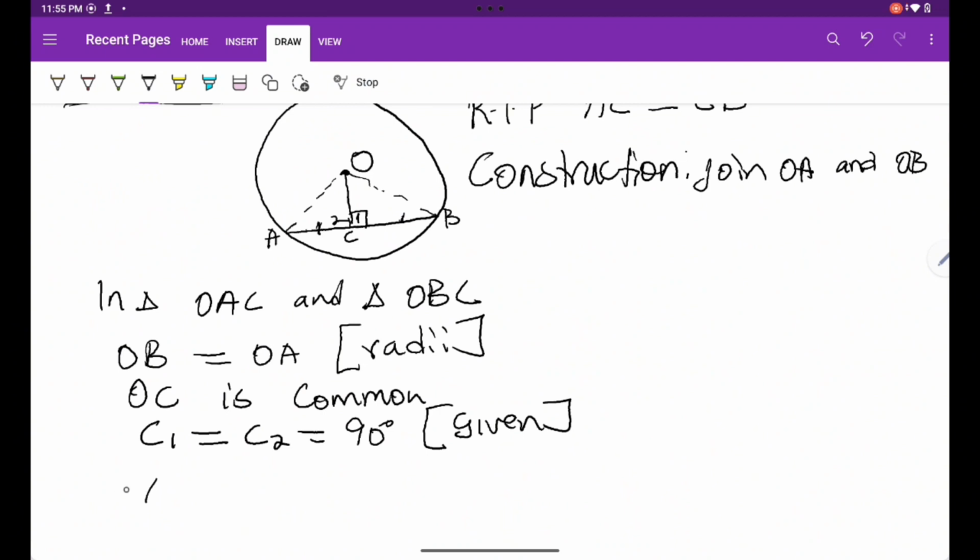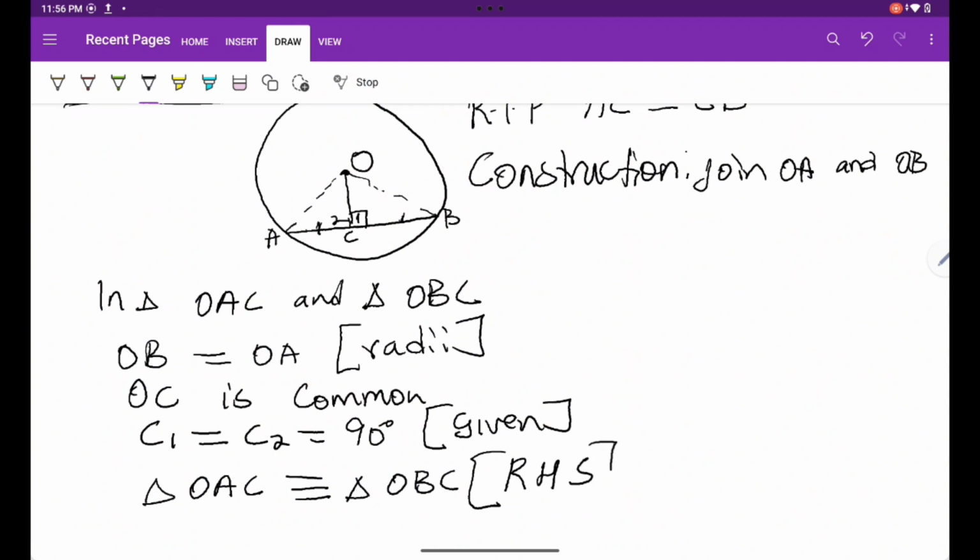Therefore, triangle OAC is congruent to triangle OBC. Now, what is our condition for congruency here? OA and OB, and then we have OC, which is common. We have the 90-degree angle here, but the angle is not included. So we can only go with the right angle, the hypotenuse, and a side.